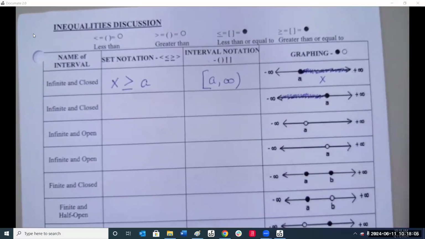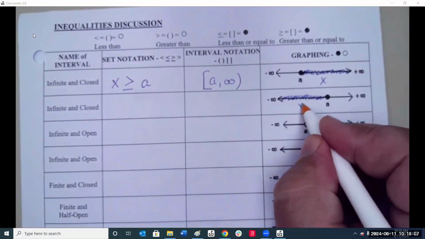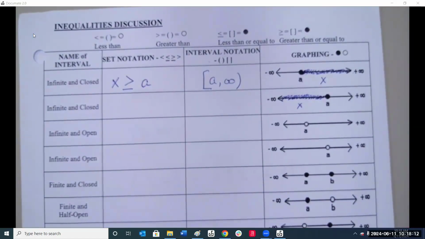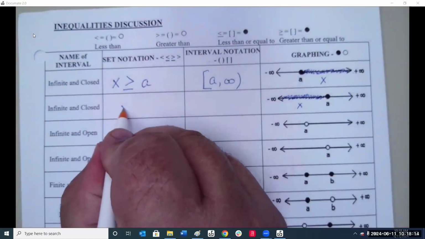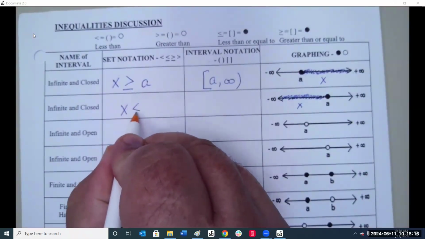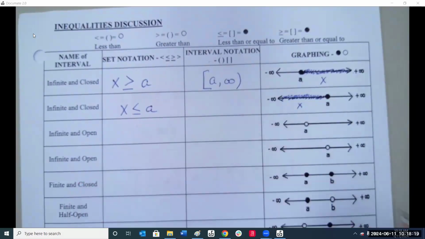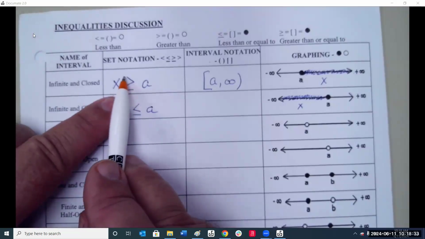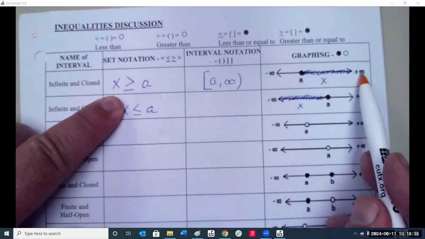And then the second one, we have that. These are my x's. So my x's here would be less than or equal to a. Another good thing, if you put the x's on the left-hand side, then the direction of the arrow is what's shaded, or the direction you're going.